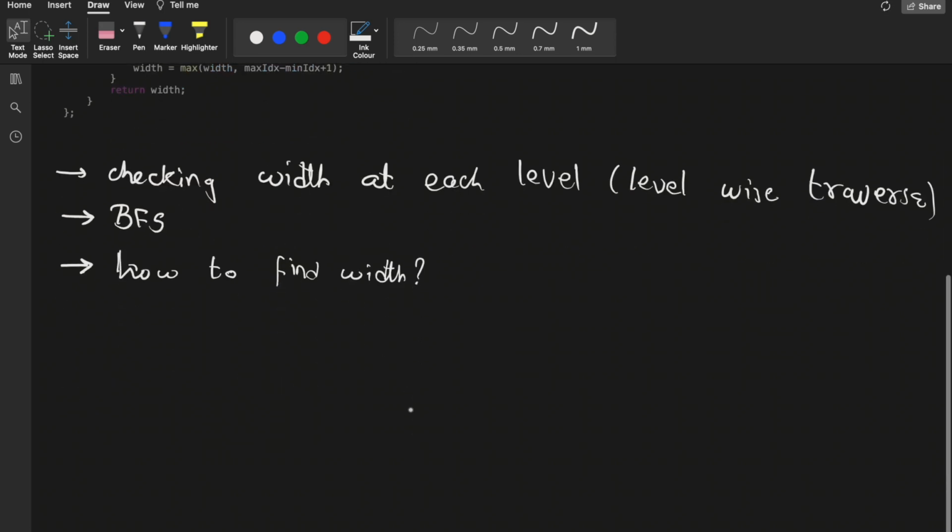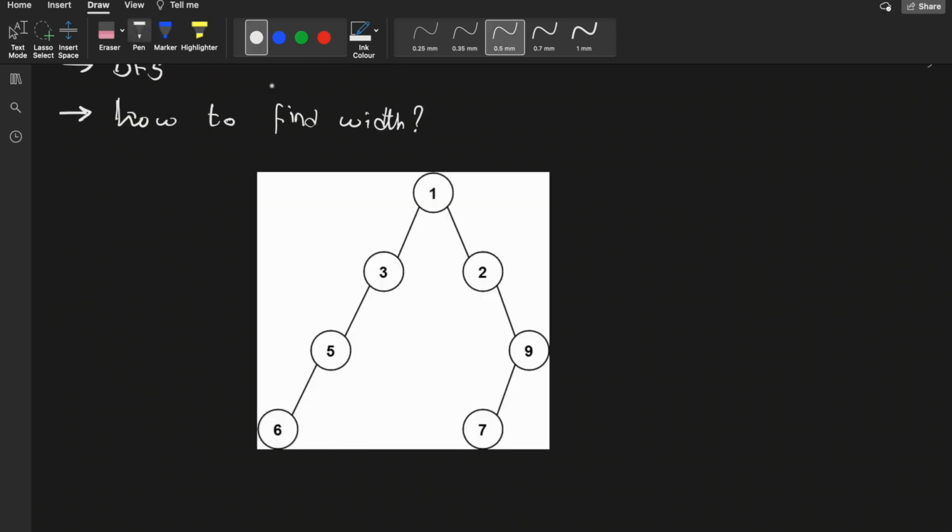Now let me again take one example here. So guys, given this example, how will you find the width at each level, right? Theoretically, visually it is easy to find the width, but in a real situation how will you find the width? So for that, let us do one thing. What we can do is number the nodes.